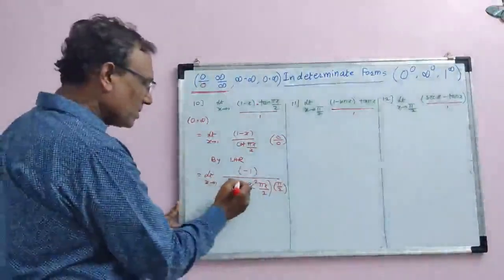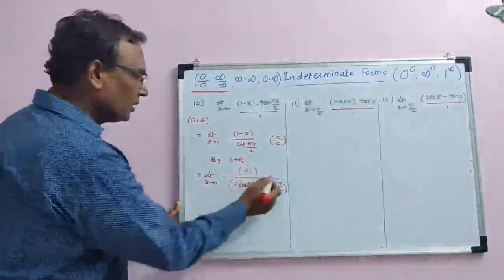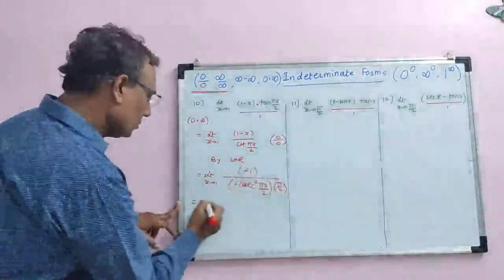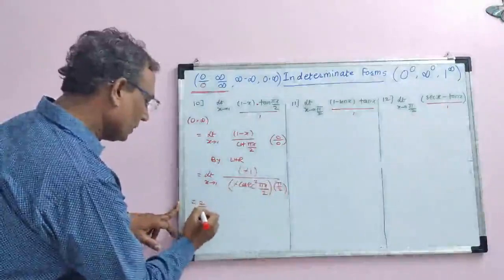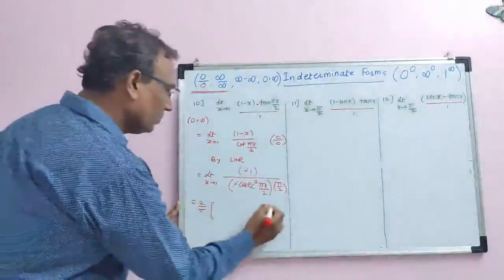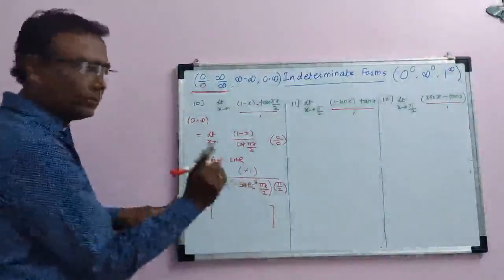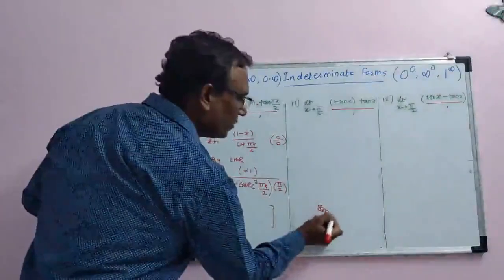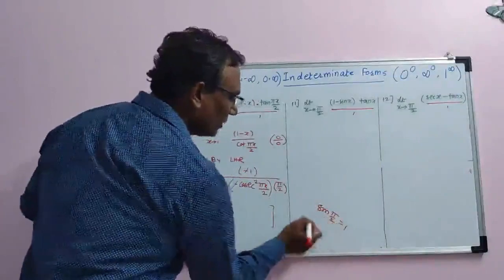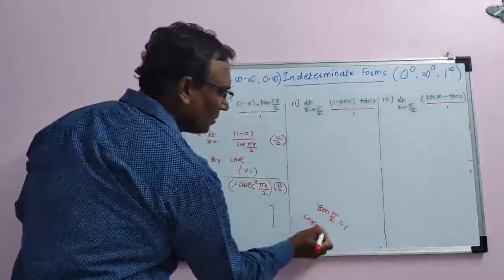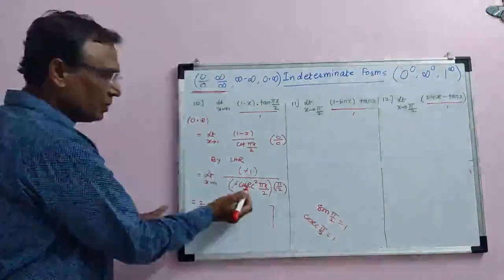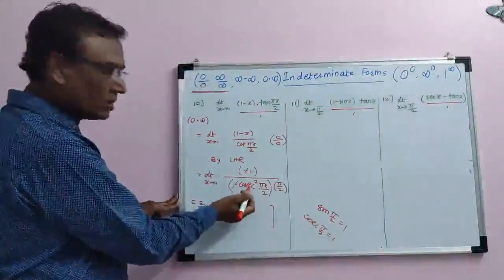Now the minus signs cancel, and pi by 2 becomes 2 by pi here. If you put x equal to 1, cosec pi by 2 is 1 by sin pi by 2, which is 1 by 1, so 1. We are getting 1 here, which is not 0.